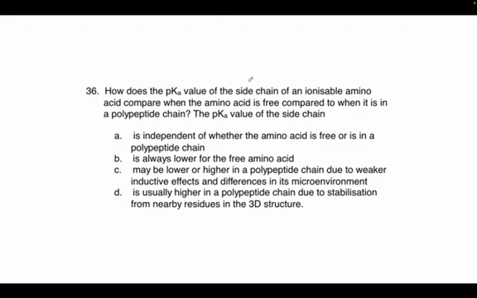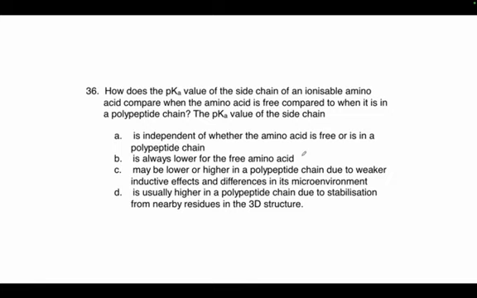How does the pKa value of the side chain of an ionizable amino acid compare when the amino acid is free compared to when it is in a polypeptide chain? So for calculation purposes, we state that the pKa value of the side chain is the same, whether the amino acid is in a free form or is in a polypeptide chain.